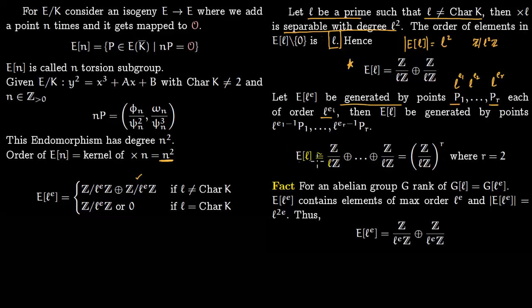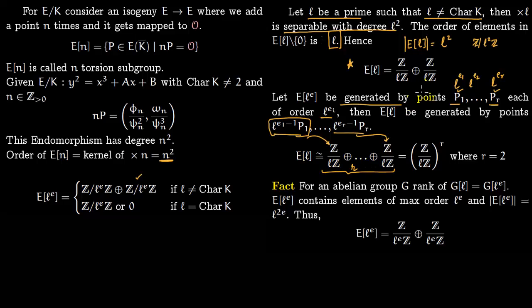So corresponding to these points, you can have these groups generated, because each now has order l. So corresponding to P2 you will have the next one, corresponding to Pr you have this. So you have r of them. Therefore you write it as (Z/lZ)^r.